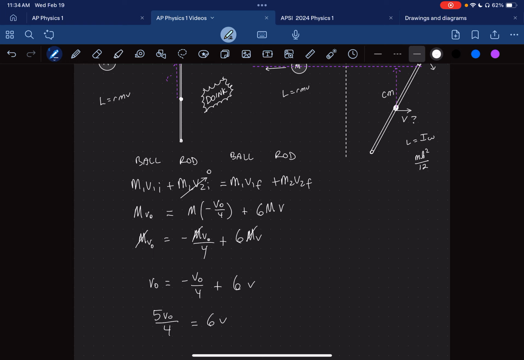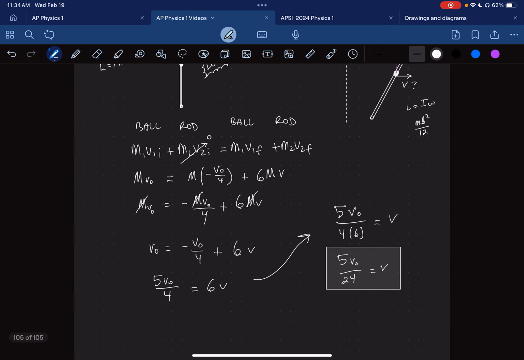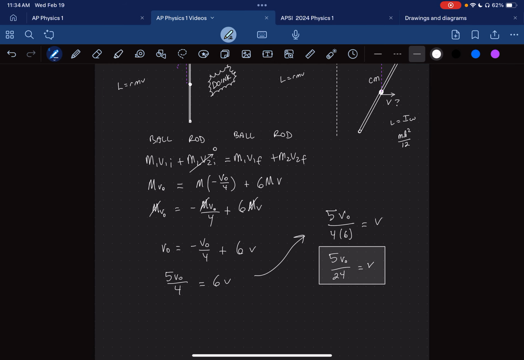Then we'll just divide by 6. So this is 5 v naught over 24. It's an interesting result. The velocity of this rod is 5/24ths of the initial velocity of the ball. Cool. And I think that's it.